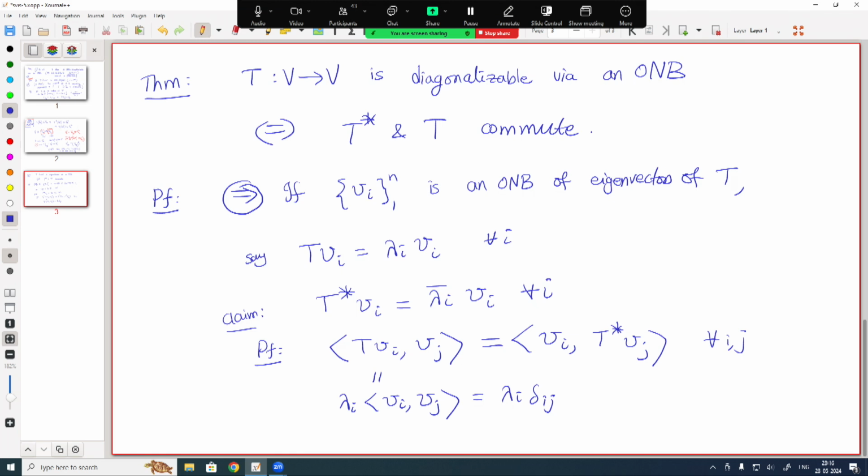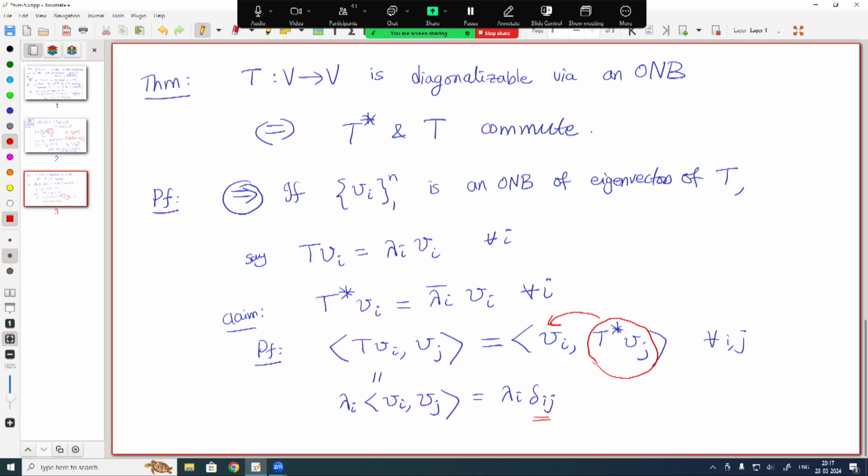Okay. Now, what does this tell us about the right hand side? It says that if you look at this unknown vector that we are trying to find, this fellow T star Vj, we do not know what it is, but it is some vector whose inner product with each Vi I know. What is its inner product with Vi?